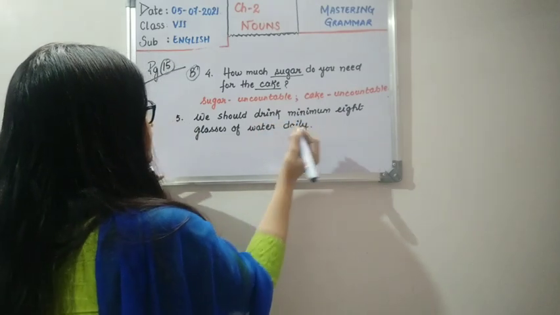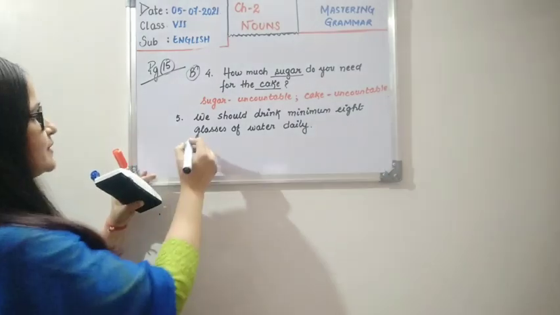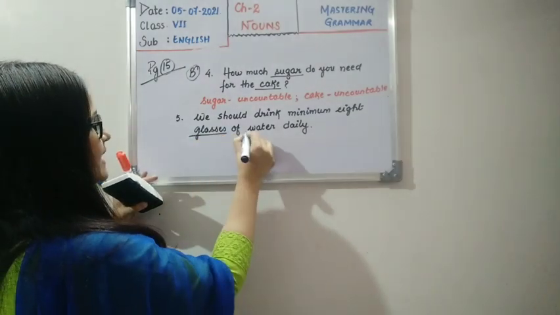In this sentence children, let's first identify the nouns: glasses and water.